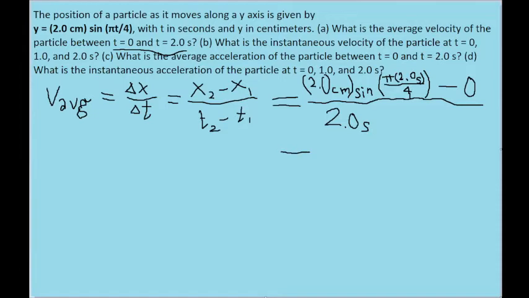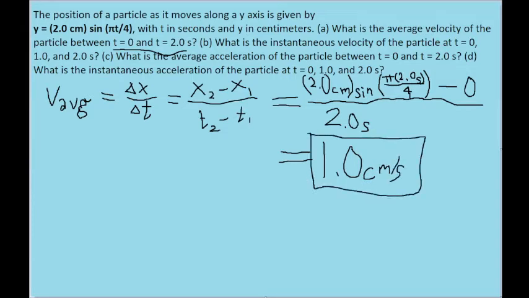Either way, though, we put this into our calculator, or we solve this just with pen and paper, and we're going to find an answer of 1.0 centimeters a second. And that is the average velocity, so that's the answer for part A.